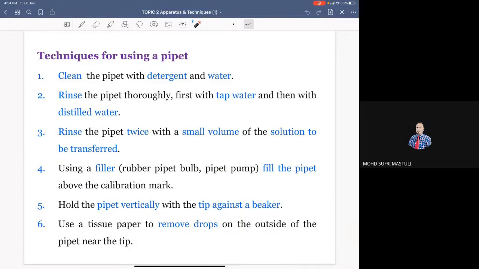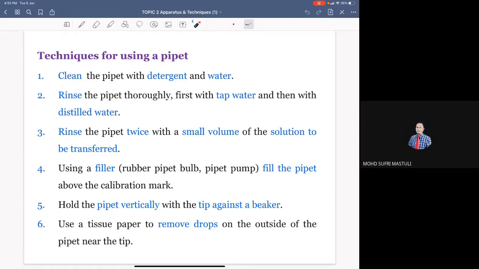The technique of using the pipette is usual. The pipette should be clean. We clean the pipette using detergent and water, and then we rinse the pipette thoroughly. First using tap water, followed by distilled water, and then we rinse again twice with a small volume of the solution to be transferred.